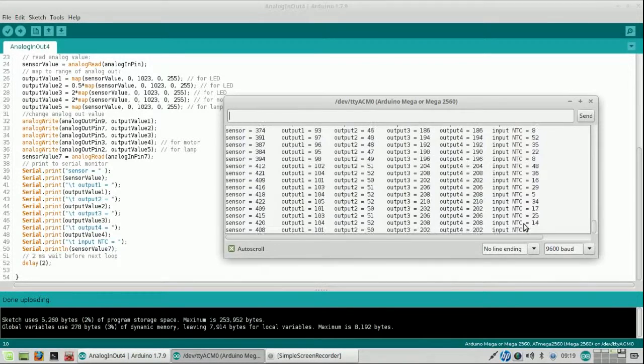Very slowly, very slowly, very slowly. And much changing values with the NTC. Around, well, 4 in the 30s, and then back to say 7. So let's increase it even more.